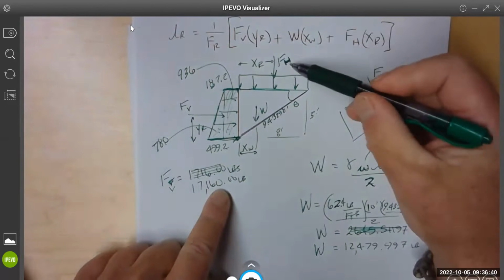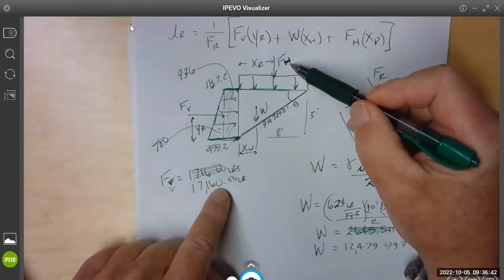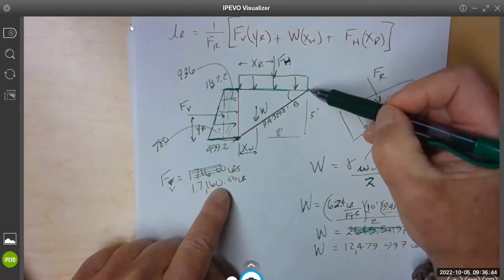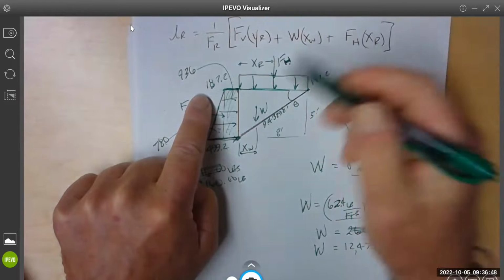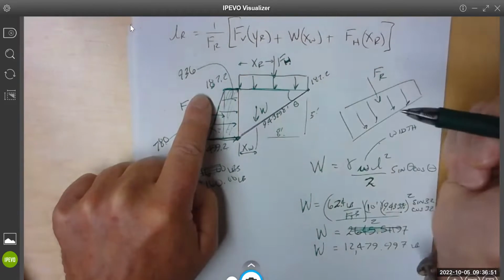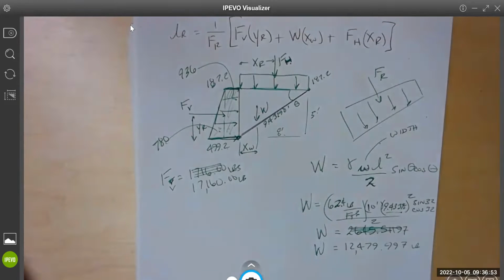So then what's F of H? That's an easy one. The pressure at the top is 187.2, and that length is 8 feet. Yep, for sure. 14,976.